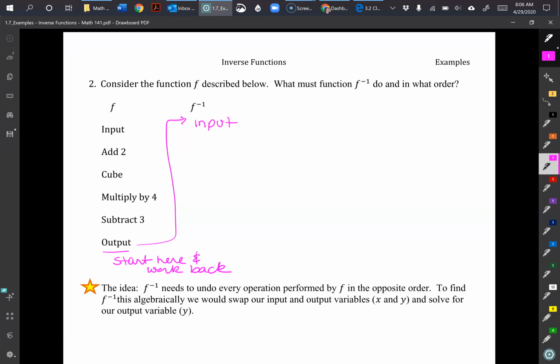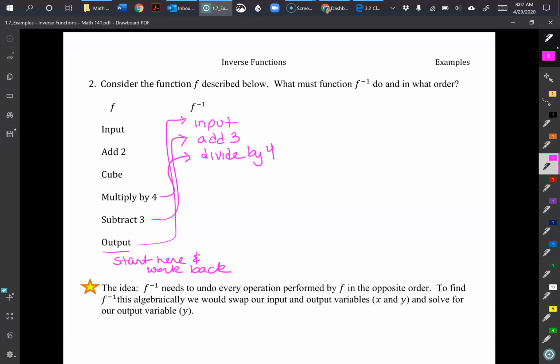Then if we subtract 3 as the second to last thing, the second thing we do on our inverse is going to be the opposite, right? The inverse, add 3. If we have multiply by 4 as our third to last, then we're going to divide by 4 or multiply by 1/4.